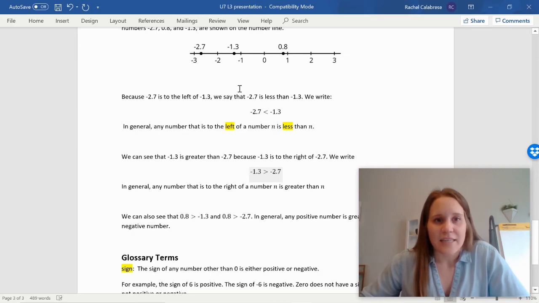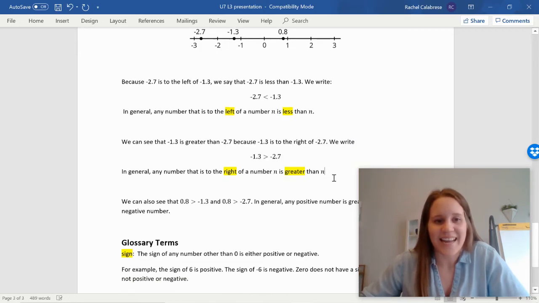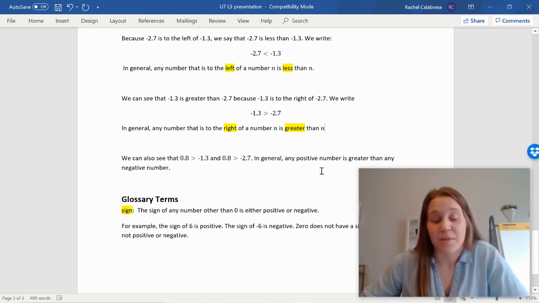We can see that negative 1.3 is greater than negative 2.7 because negative 1.3 is to the right of negative 2.7. We write negative 1.3 is greater than negative 2.7. In general, any number that is to the right of a number n is greater than n. This is great information to put into your lesson summary comment.